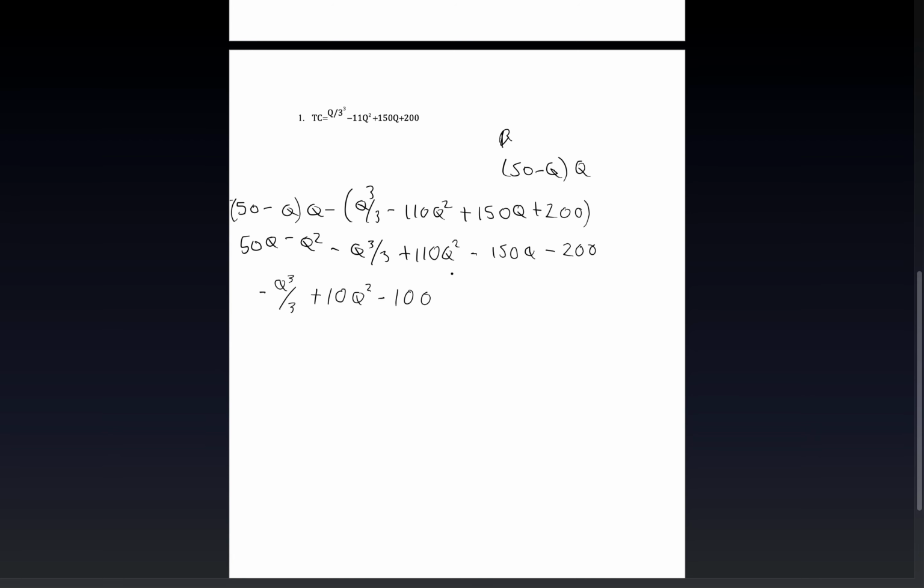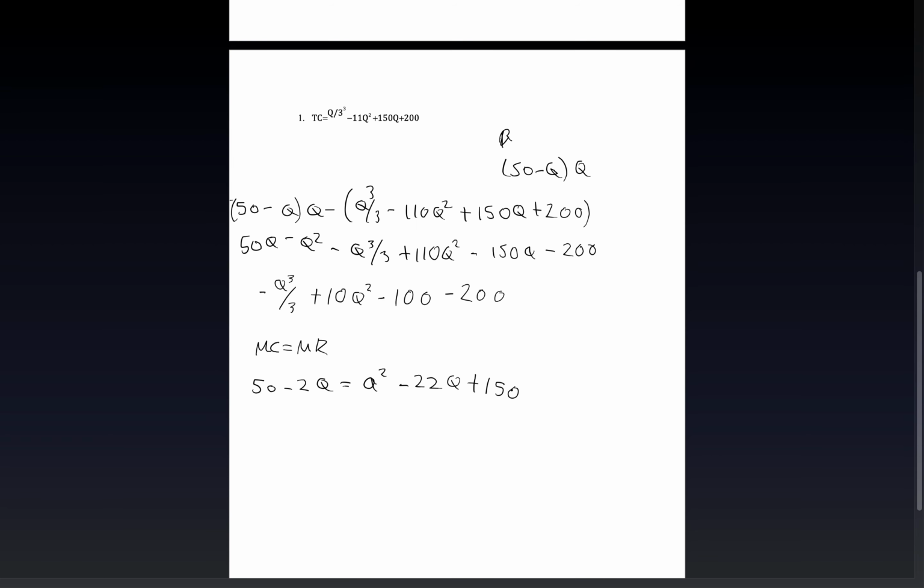Minus 200. So we do MC equals MR. We do 50 minus 2Q equals Q squared minus 22Q plus 150, which is the differentiated cost.